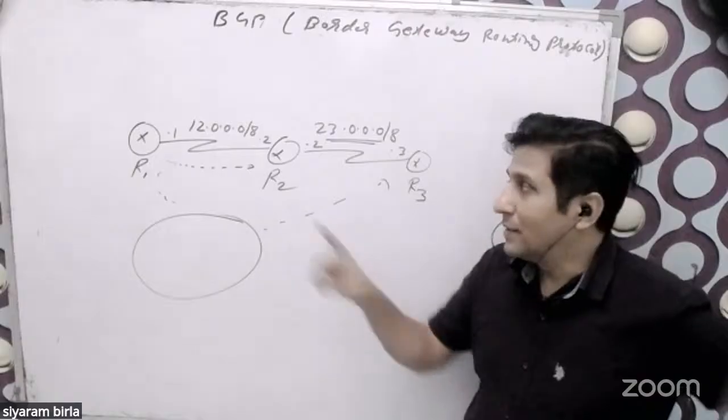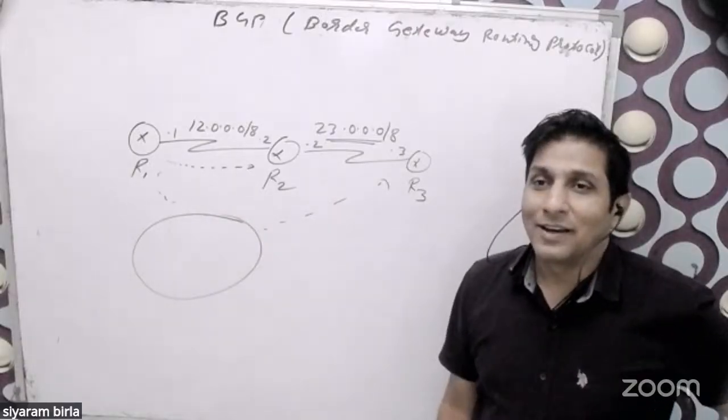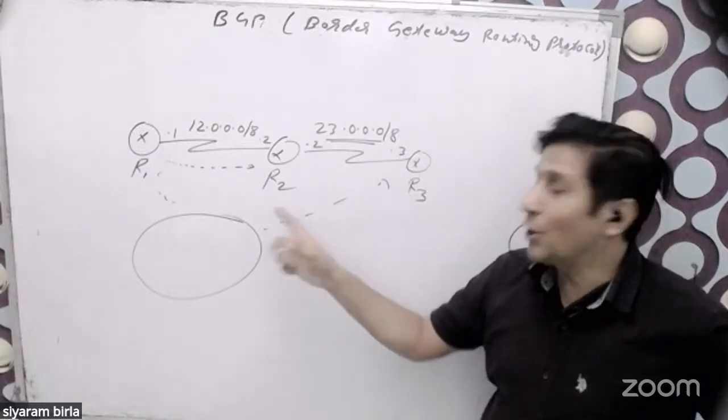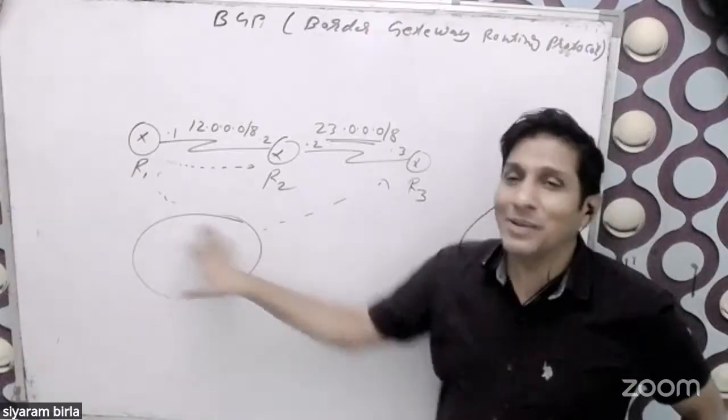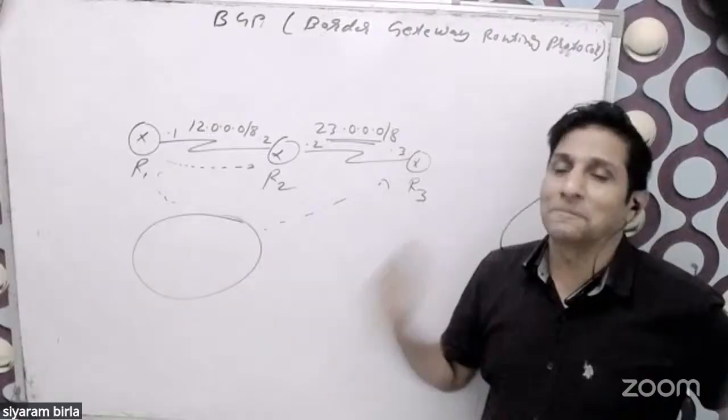But right now, these are R1 and R3. They are creating the neighborship because in the open message, unlike the hello message, they are not sending the network IP.